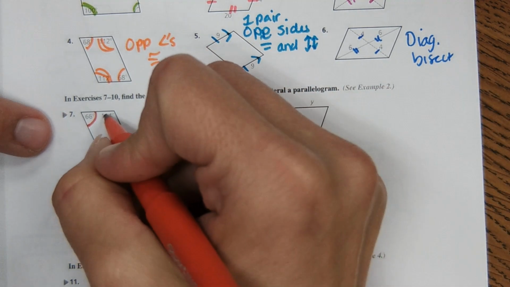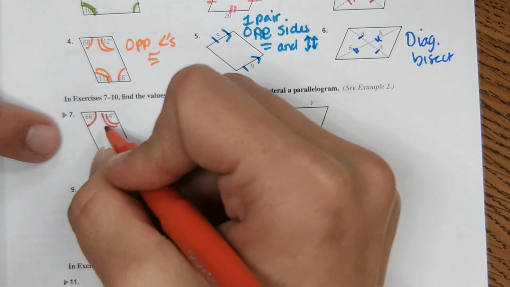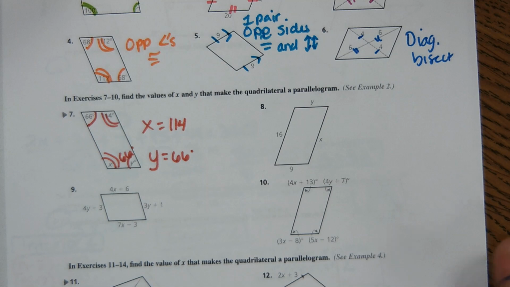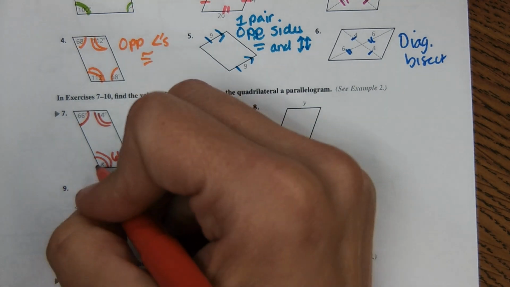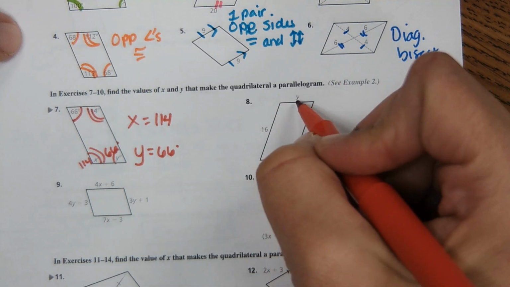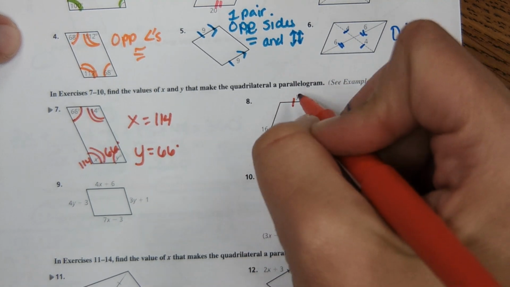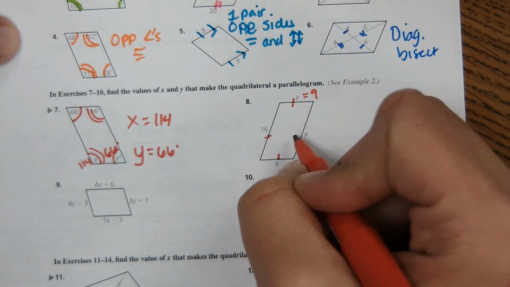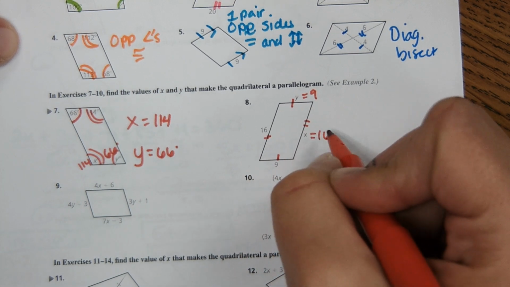And then if this is 114, then this is 114, because opposite angles are equal, so x is 114. Okay, and then number 8, in a parallelogram, the opposite sides are equal. So if this is 9, then y equals 9. And if this is 16, same length over here, x equals 16.